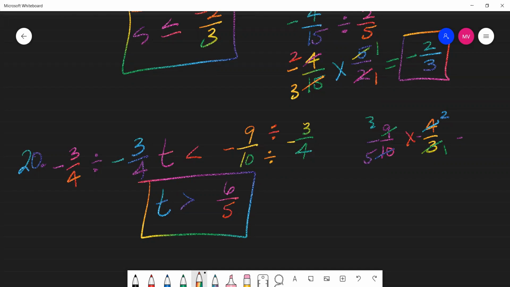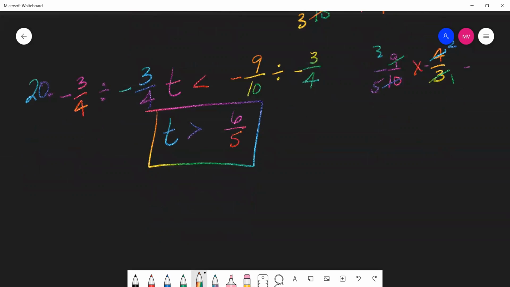That's my strategy. I don't know if that would work in this case, because 3 goes into 9 3 times, but 4 does not go evenly into 10. You can do a calculator. So no, that does not always work. That's why it's not a thing.